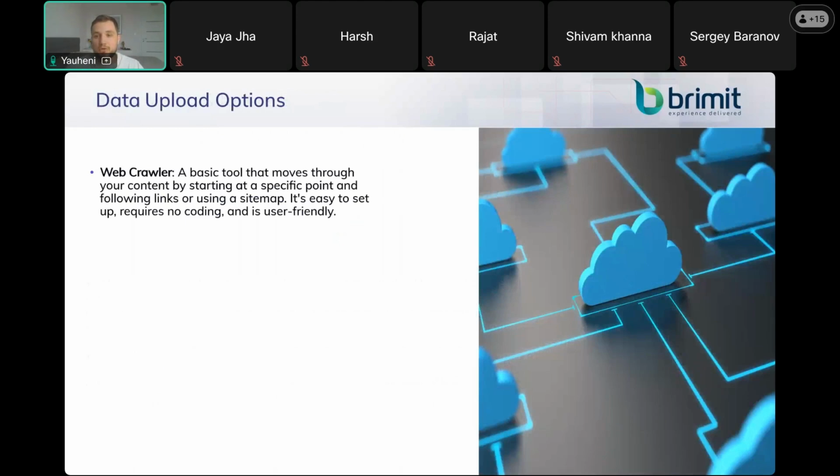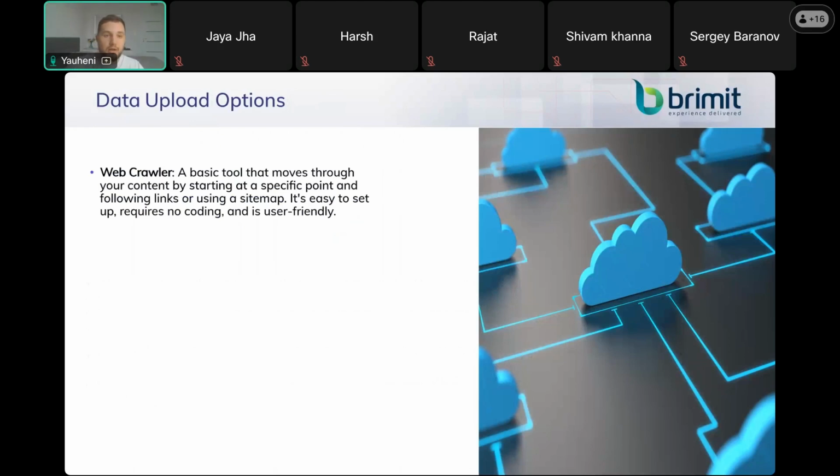For example, you can use a sitemap or follow links on your site, get this data, and upload it to Sitecore Search. And of course, you don't need to write code, because Sitecore Search is a platform which you just set up manually, without coding.